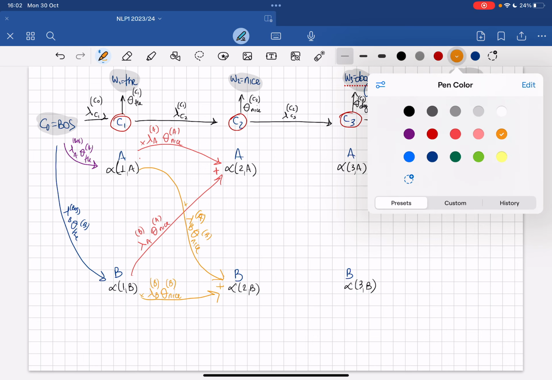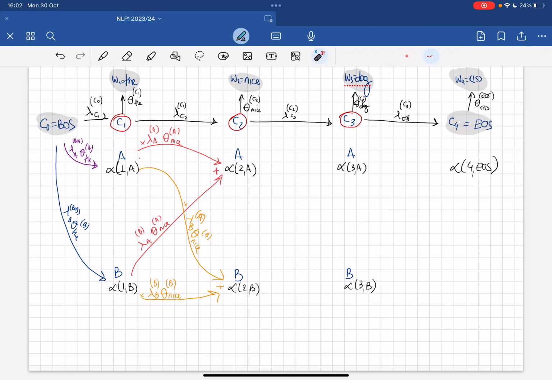And we go on precisely like this. So let's think about alpha 3A. So this is the marginal probability of all sequences that end with C3A, W3 dog. So let's see what we get.